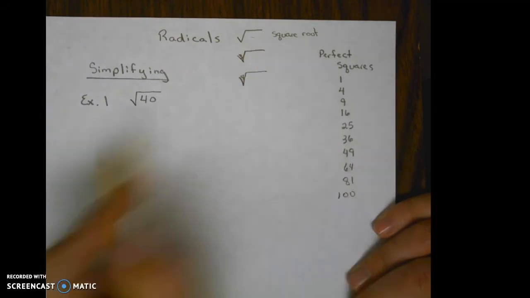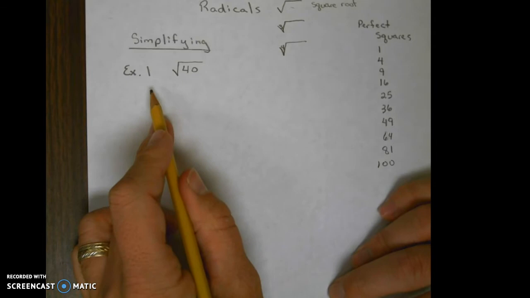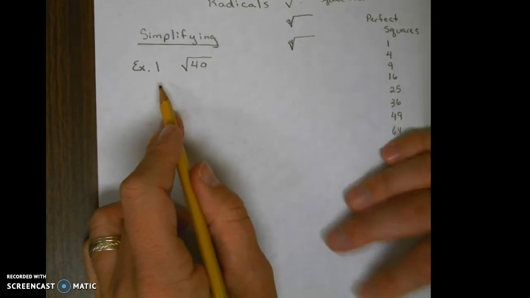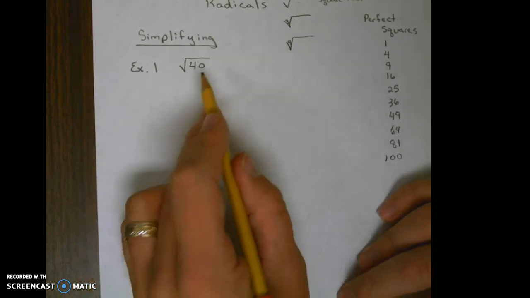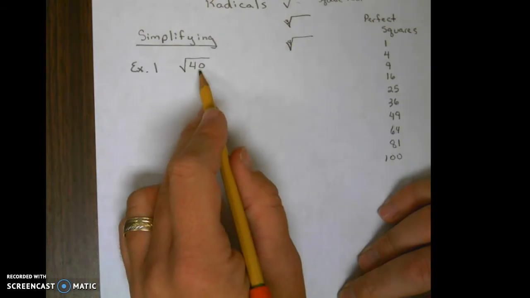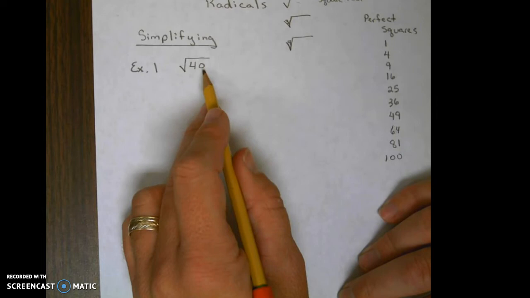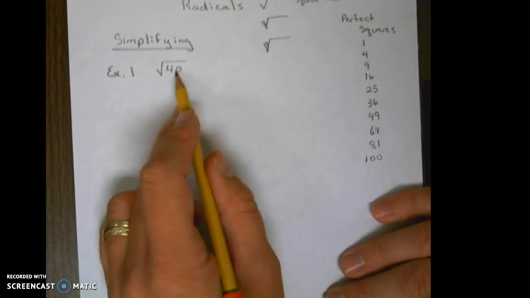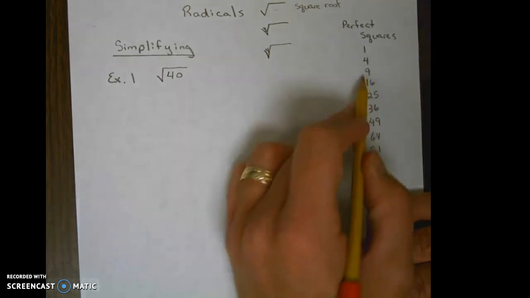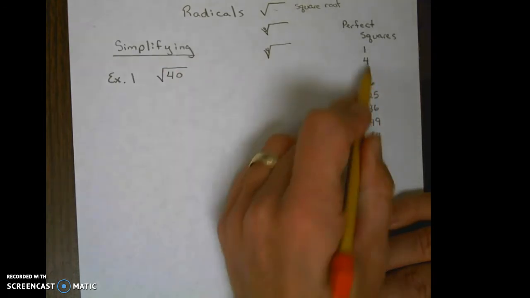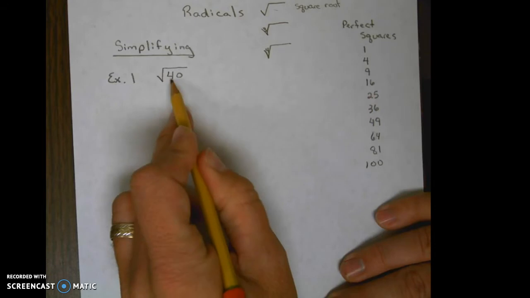Okay? So let's start off with how to simplify a square root. So if you're given the square root of 40 and you're asked to simplify this, you're not going to change it to a decimal. What you're going to do is look at your perfect squares over here and see if there's any perfect squares that go into 40 evenly.